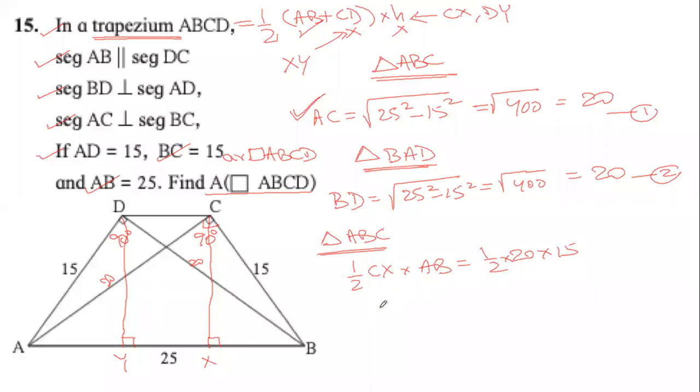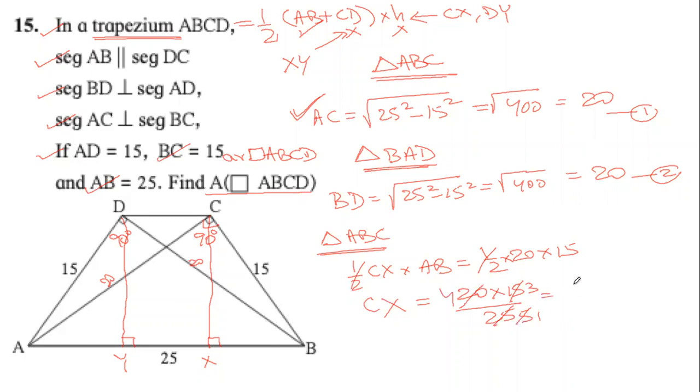When we simplify this, when we take this half to the other side, it will become half divided by half, 1. CX we don't know, we are finding it. AB we know, AB is given as 25. So CX comes out to be 20 into 15 by 25. 5 3s are 15, 5 5s are 25, 5 1s are 5, 5 4s are 20.